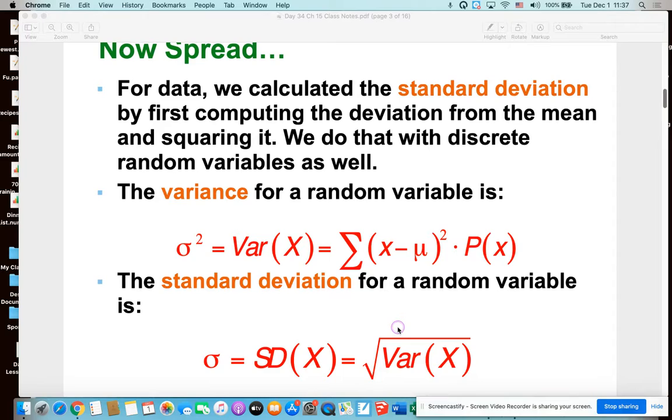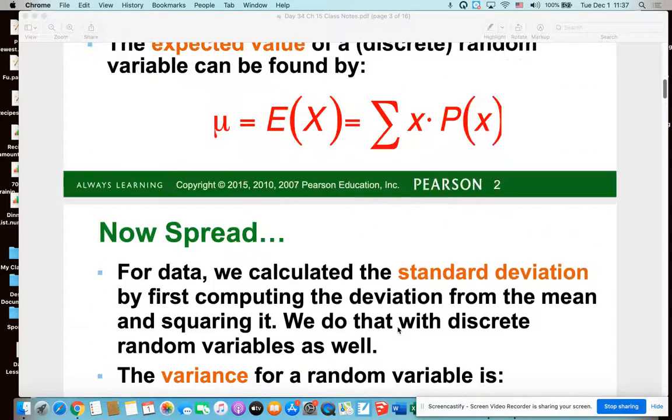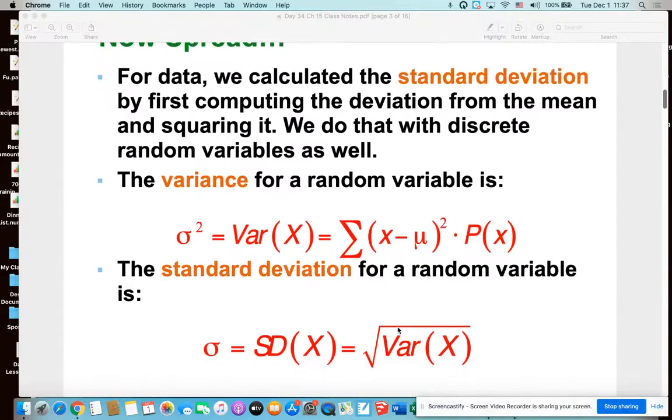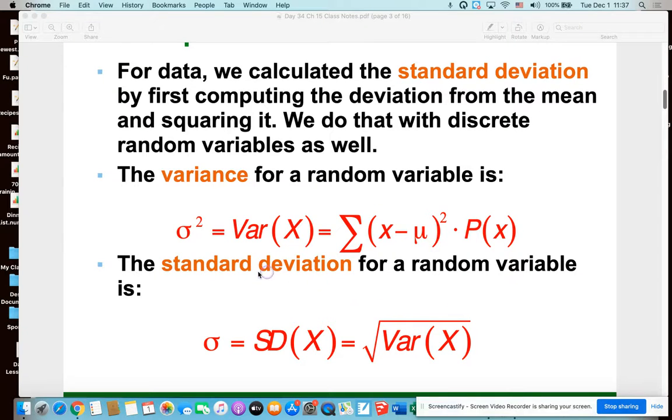And then the standard deviation of it. We looked at the mean. If you want to look at standard deviation, then you should really think about variance first for all the problems we're doing today. Variance comes first, and then you can always take the square root of variance to get your standard deviation. Just like standard deviation before, we take our mean and subtract it from all of our values. So if our mean was 10 and my value was 12, I'd take 12 minus 10 and get the difference.